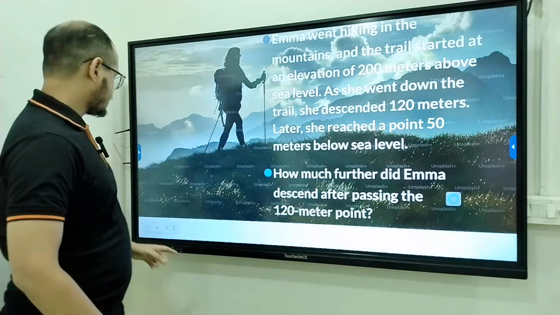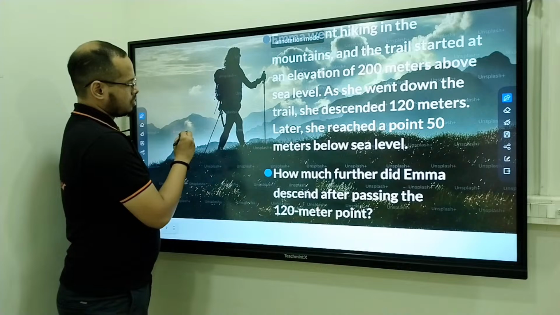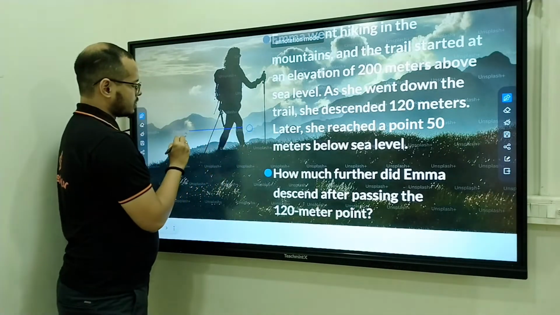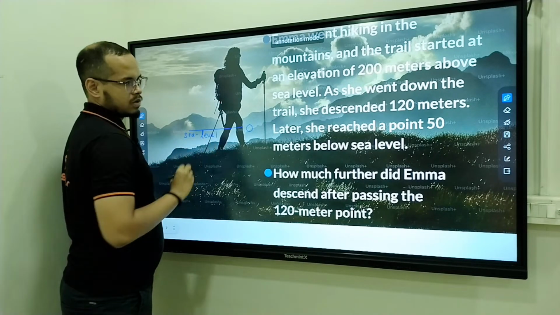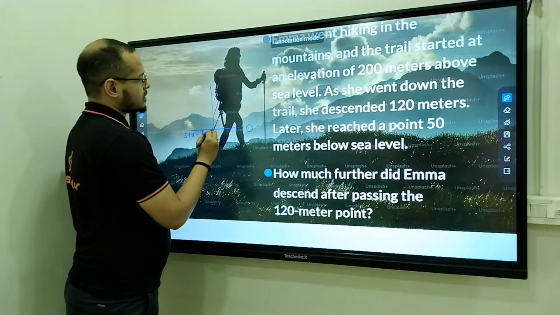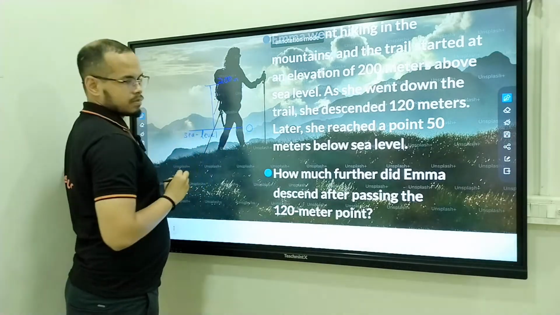Okay, so let us do this sum. First, let us draw a line. This is the zero level, what is known as sea level. The question says Emma started the hike from 200 meters above sea level.